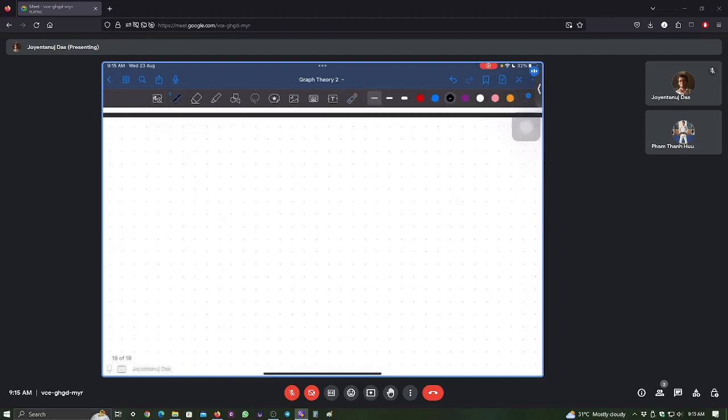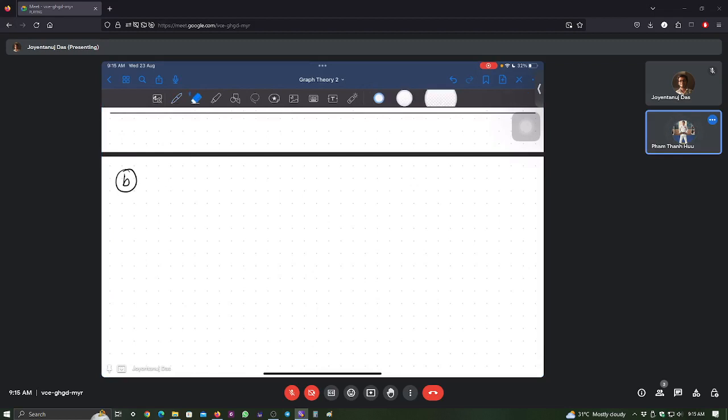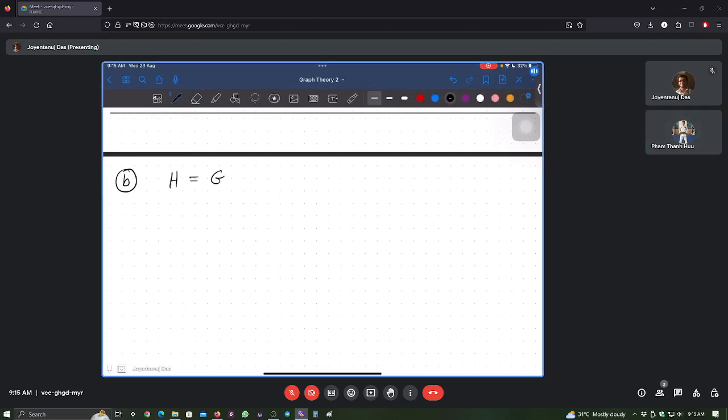So the next one is part B. Suppose H is another graph. H is a graph which is G joined with K1. K1 is just an isolated vertex, right?